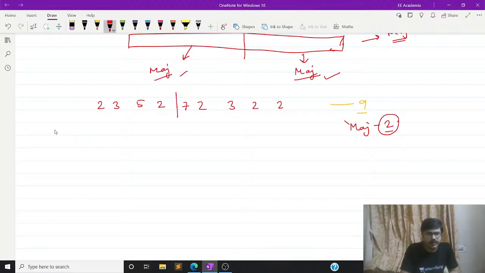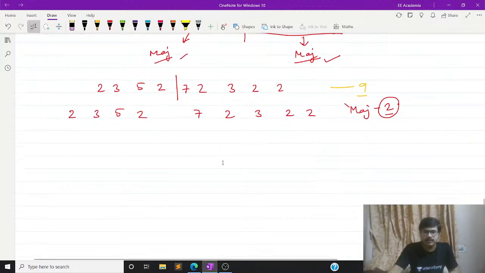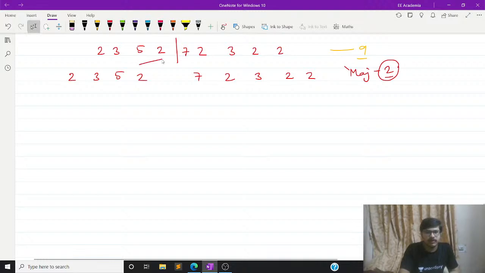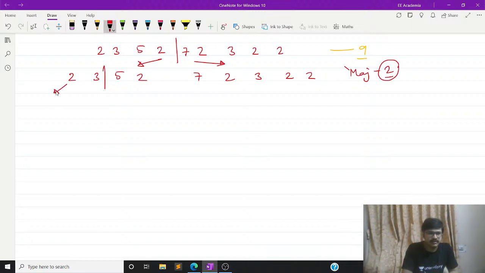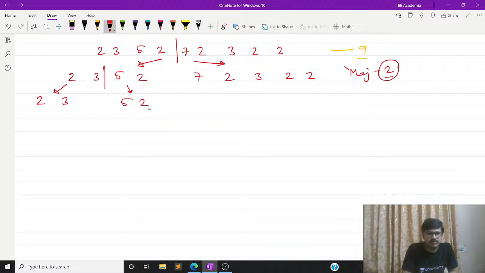One part would contain these elements 2, 3, 5, 2, and the second part would contain these elements 2. So I have divided this array into two subproblems, first half and second half. Now I am dividing this array into two subproblems again, just like how we divided the array. Nothing difficult here.